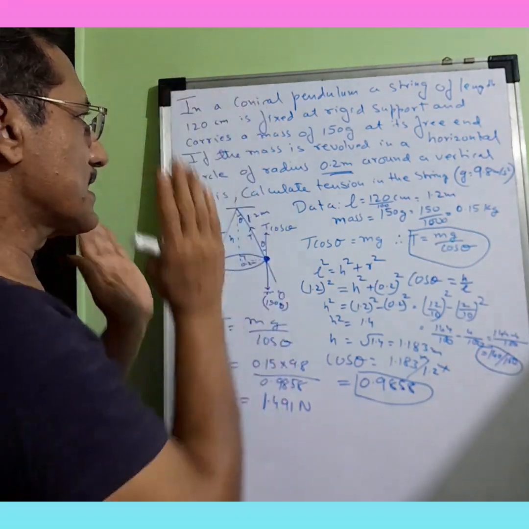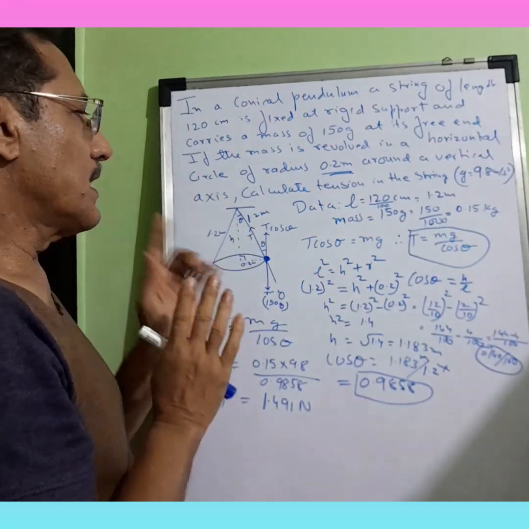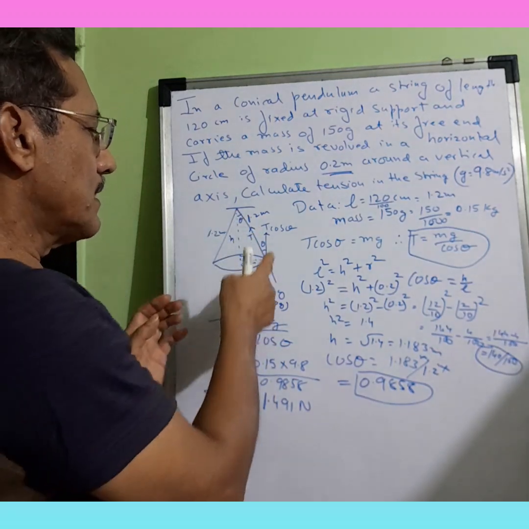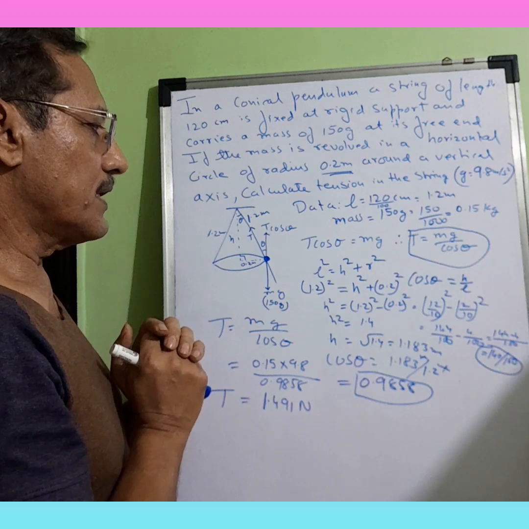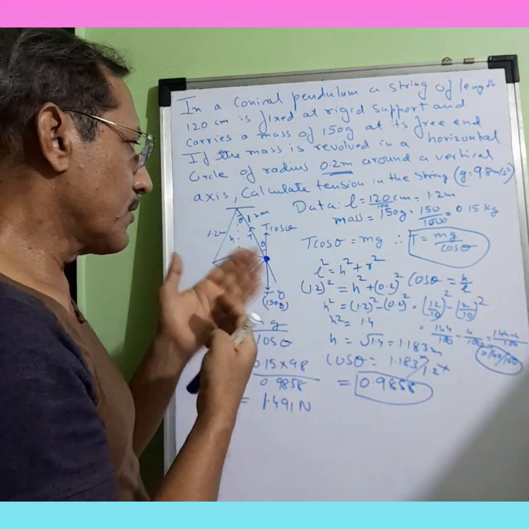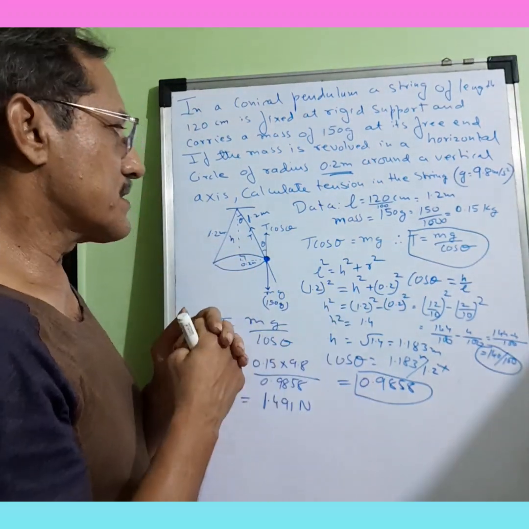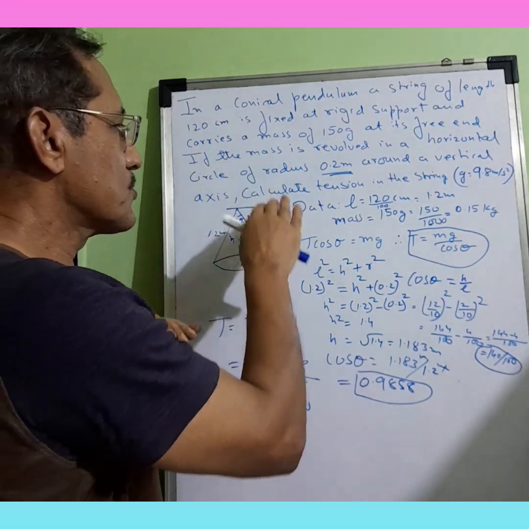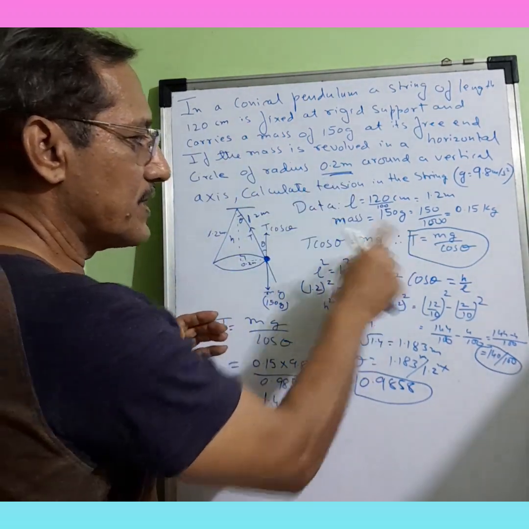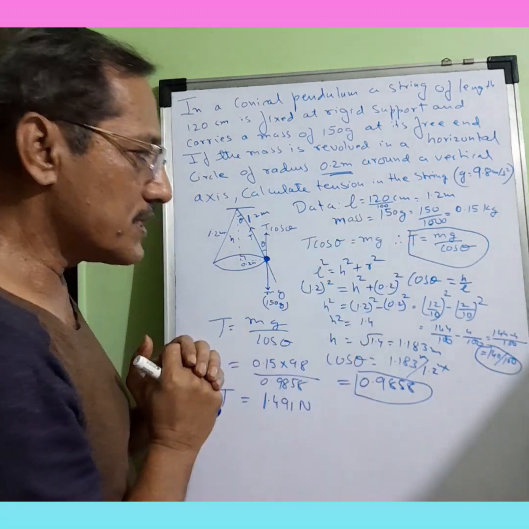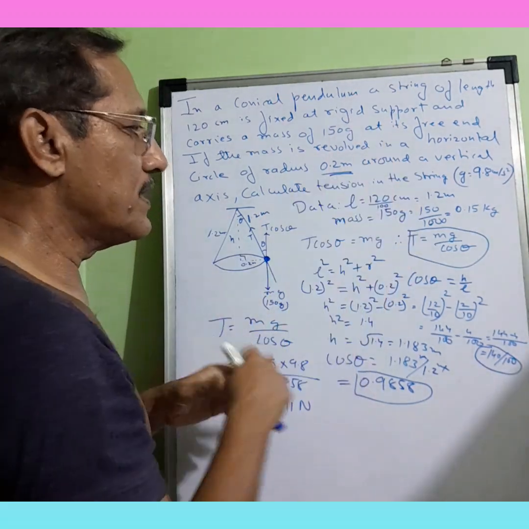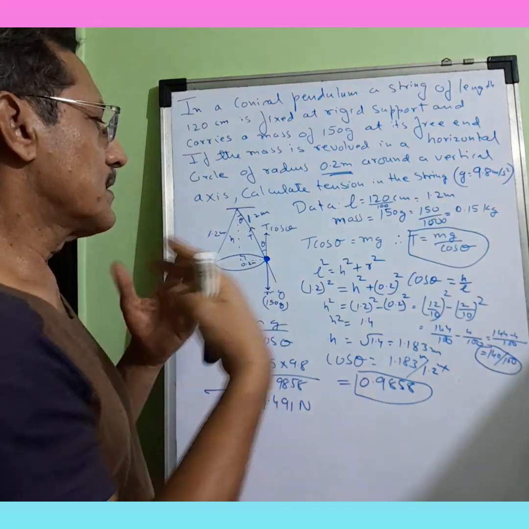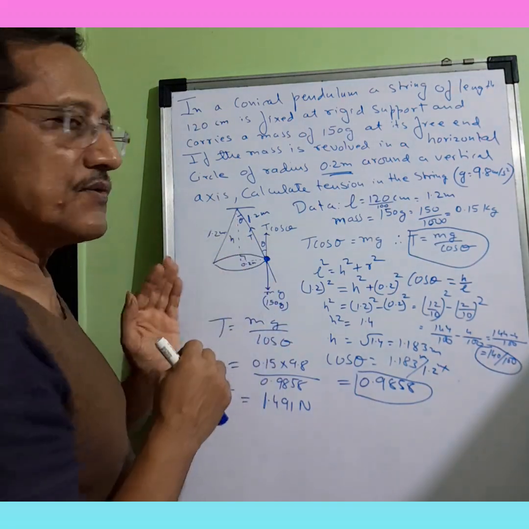First of all, as given, it is a conical pendulum, and we had the length and the radius given. Obviously we converted whatever was required into the SI system, the units. Then they asked us to calculate tension. We knew the tension formula was T equals mg over cos theta. We put in m given, g given, cos theta not given. Cos theta we found out by the triangle method.